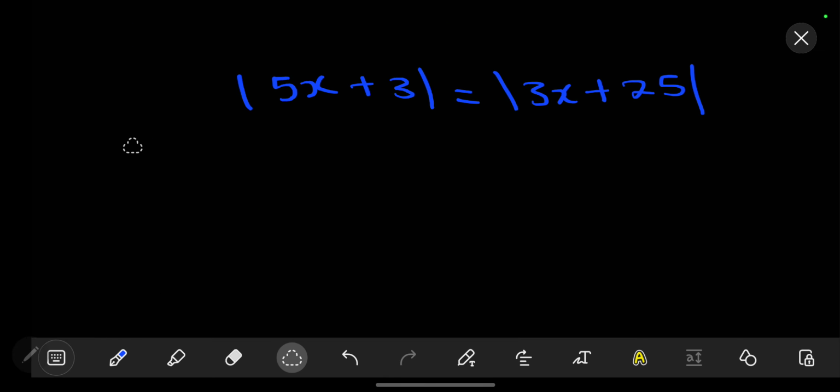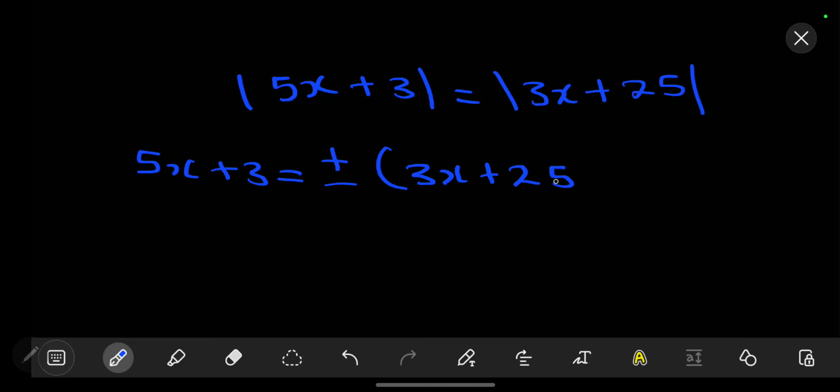So for this one, when we remove the absolute value, we are going to make plus or minus the other side. So it will be 5x plus 3 should be equal to plus or minus. Then we open the brackets and write these numbers, since this is where we have introduced the signs. So we are going to have 3x plus 25 like that.